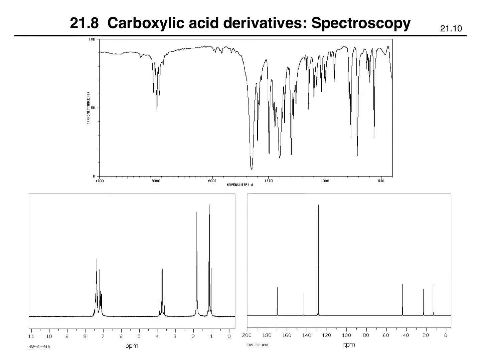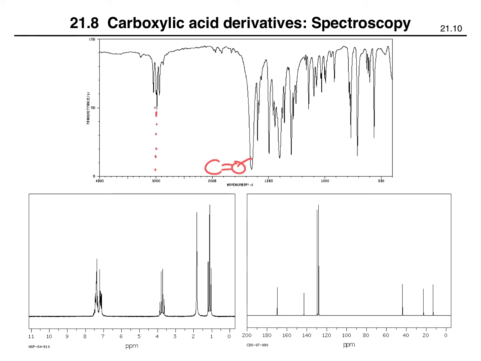Here's a new compound, and this time we have IR, proton NMR, and C13 NMR. So from IR, we have a carbonyl around 1700. This one is a little bit lower, so it could be maybe an amide, maybe a carboxylic acid. But we don't have any evidence of a carboxylic acid, so maybe this is an amide, but I'm not sure.